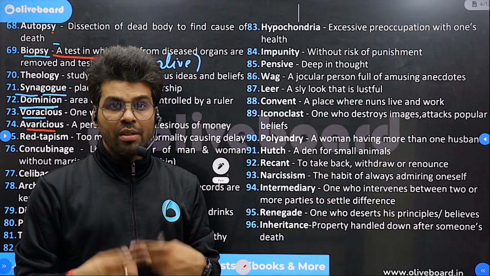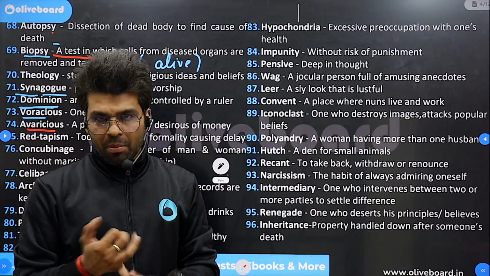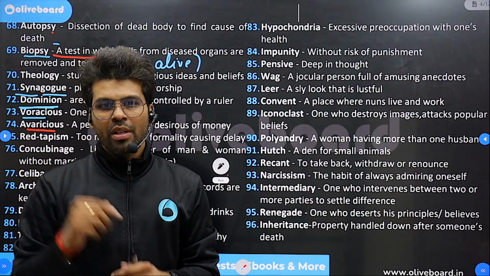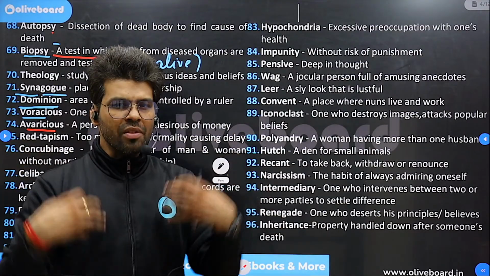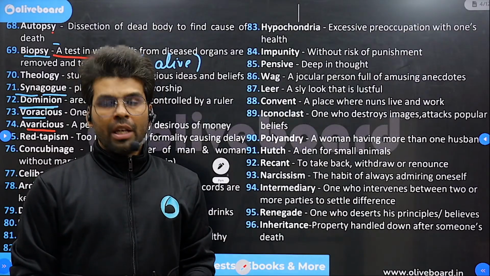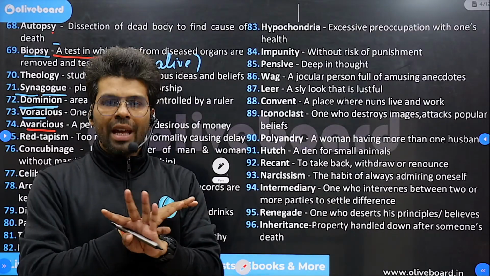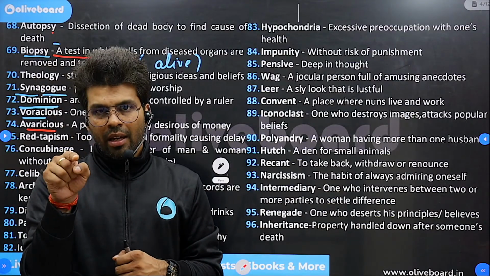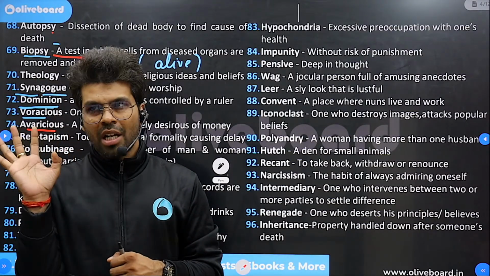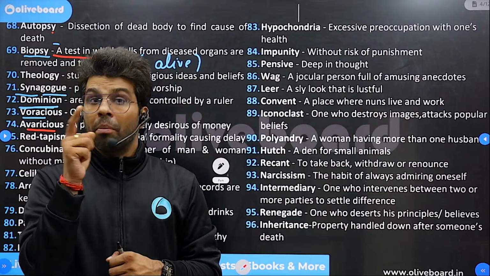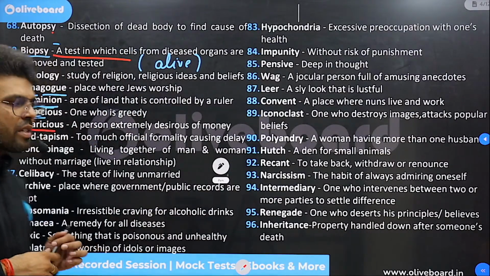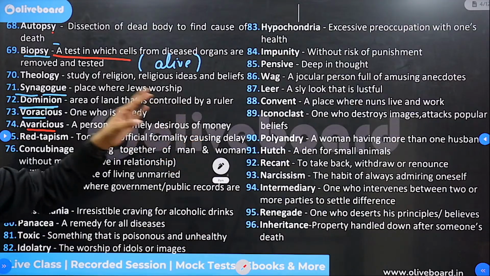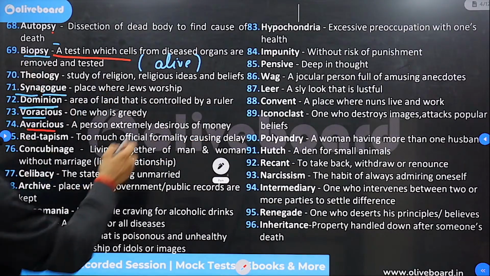So vor is the root word which means eating. Herbivorous, carnivorous, omnivorous are from the same root word. So voracious is the one who is excessively greedy, usually for food or for anything. But avaricious, I remember this way: A is the first letter of the English alphabet and people put money first. So avaricious is the one who is excessively greedy for money. Voracious can be for anything, usually for food.